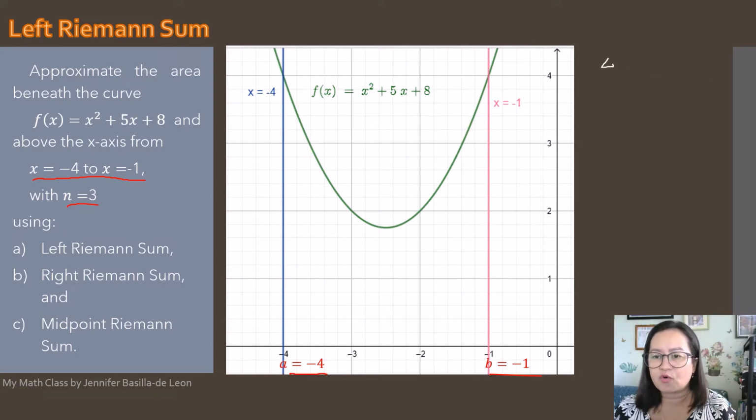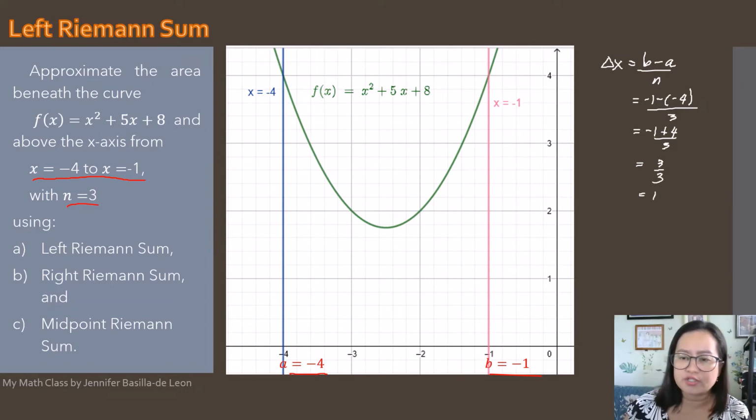Replacing the variables with their given values, we will have -1 minus -4 over 3. Simplifying this, we will have -1 plus 4, and then we will have 3 over 3, which is equal to 1. So therefore, the width of the rectangle is 1 unit.